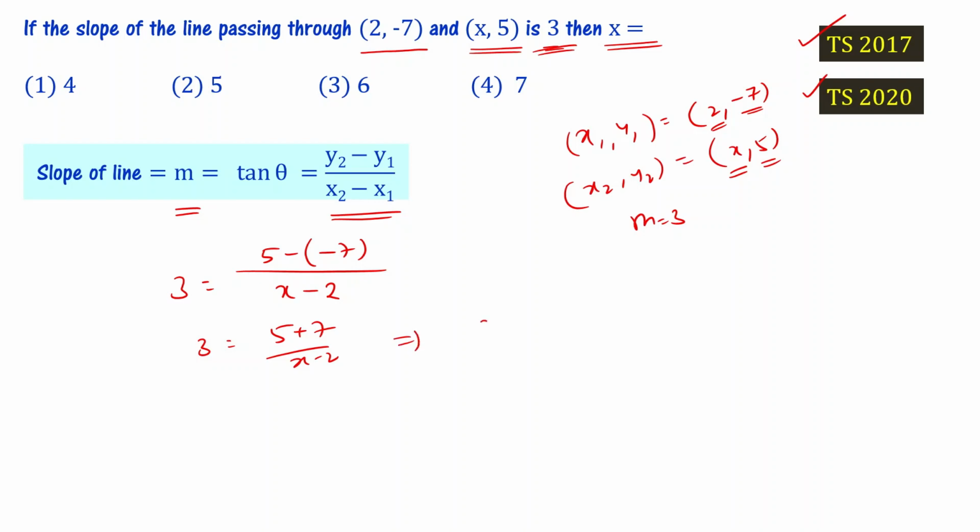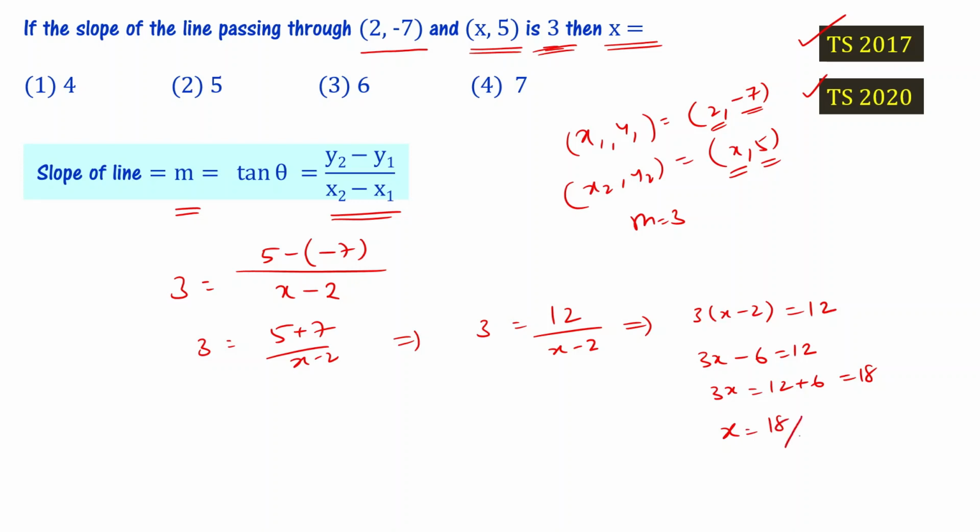This can be now written as 3 equal to 12 divided by x minus 2, right? Now let me write this as 3 into x minus 2 equal to 12. This is 3x minus 6 equal to 12. This can be written as 3x equal to 12 plus 6, that is equal to 18. It means x equal to 18 by 3, that is equal to 6. So what is the value of x? X equal to 6, and that is choice 3. Understood?